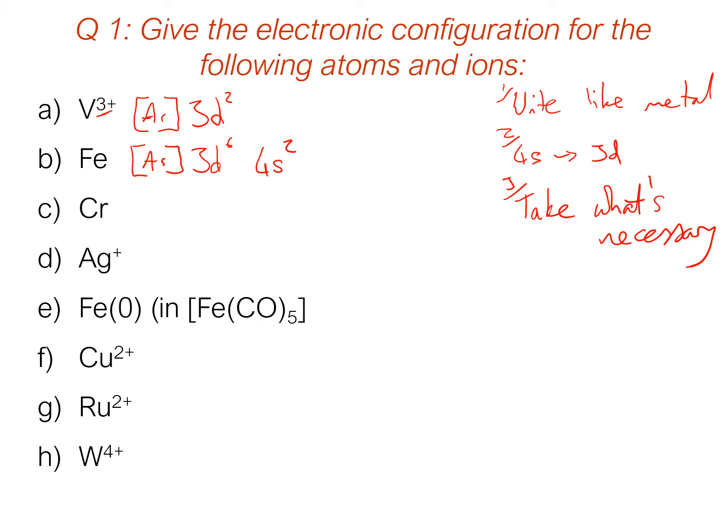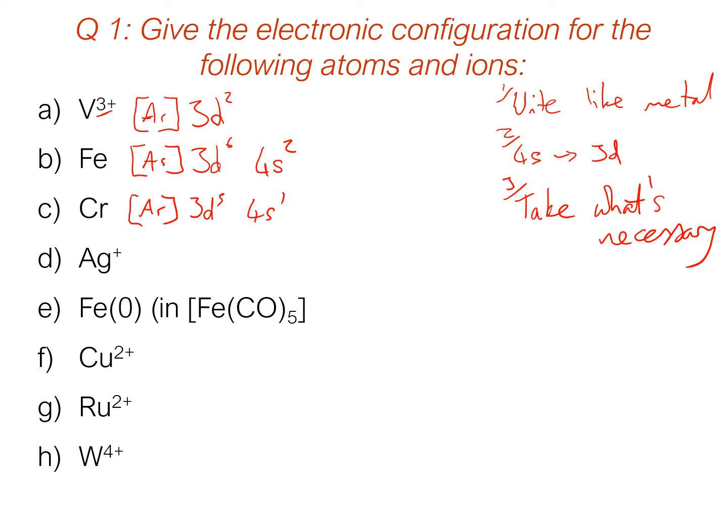Chromium is one of the exceptions though. So chromium, again, we're just looking at the metal here. First row transition metal, so this has the inner electron configuration of argon. Then, however, it has 3d5 4s1. And the reason for this is that half-filled and filled d orbitals are much more stable.